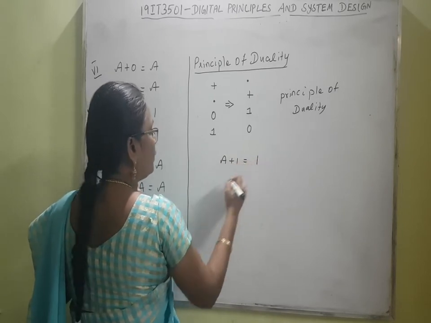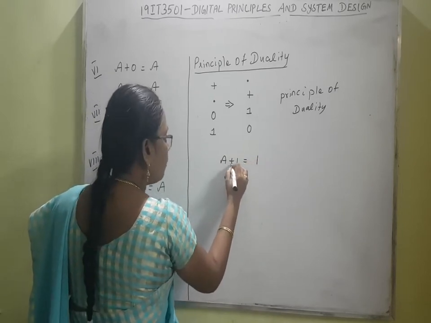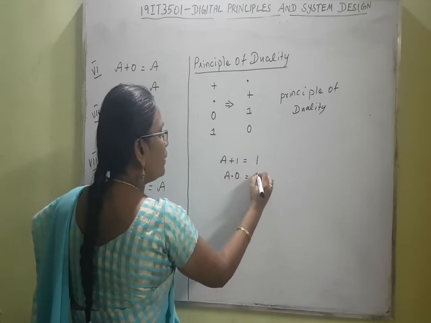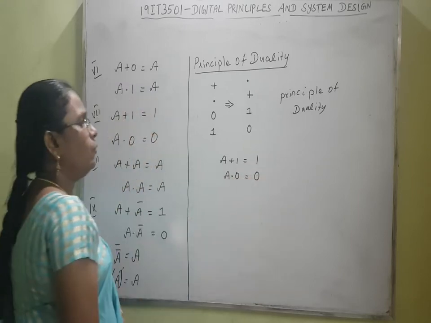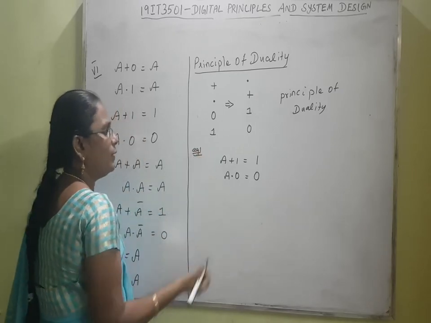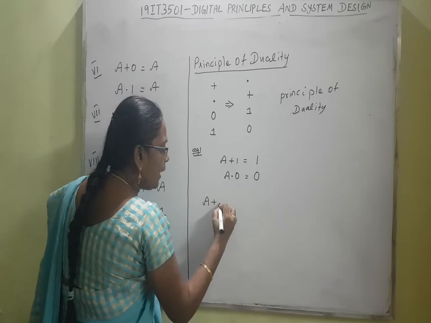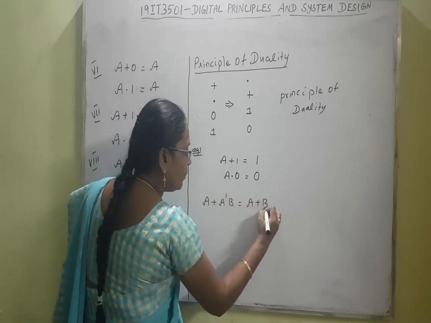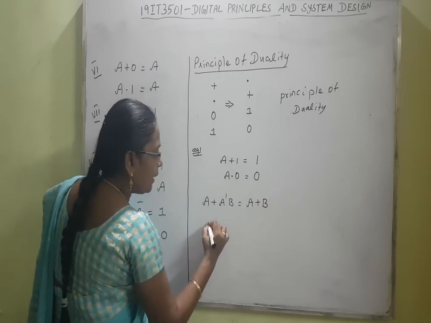Let us take an example here. A plus 1 equal to 1. So A dot 0 is equal to 0; the plus becomes a dot and the 1 becomes a 0. This is an example of the principle of duality. In the same way, let us take A plus A bar B is equal to A plus B. This is the absorption law.